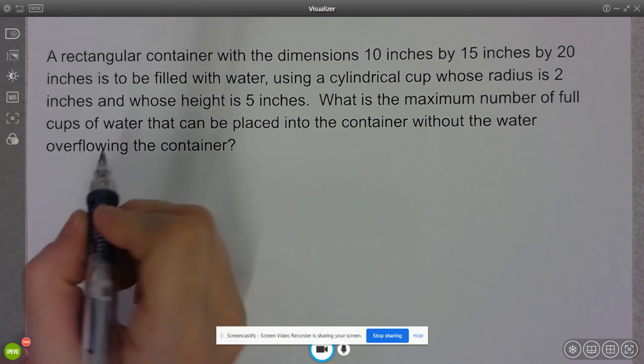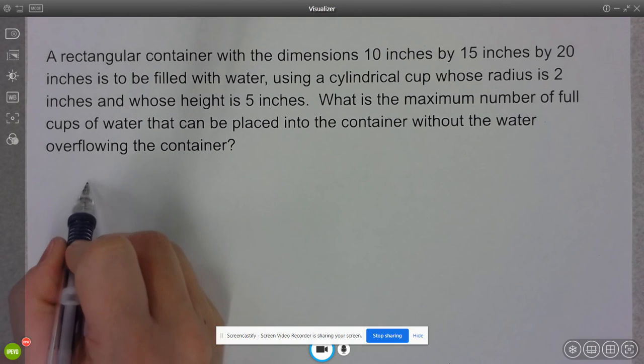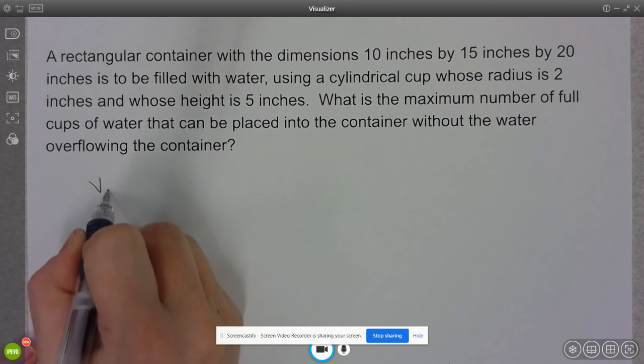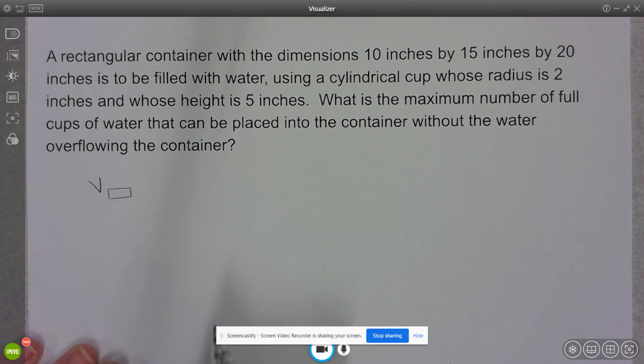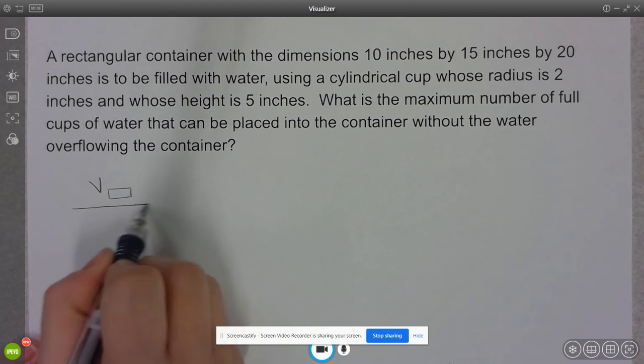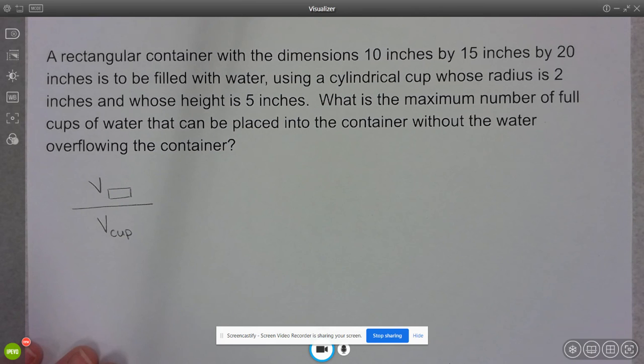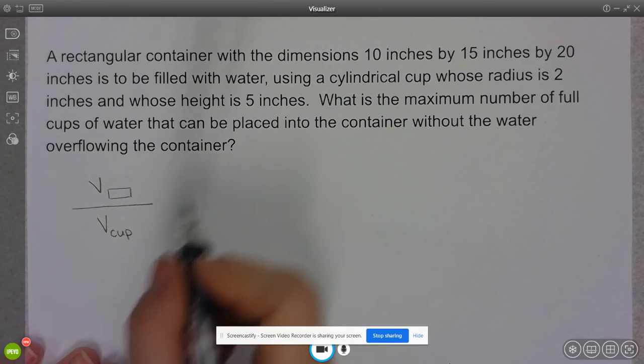So I need to take the volume of the rectangular container, and I need to divide that by the volume of the cup, and that's going to tell me how many cups the container could hold.